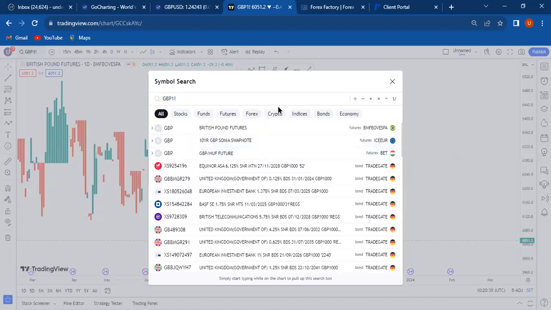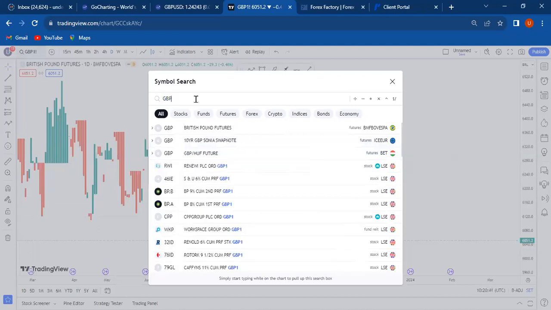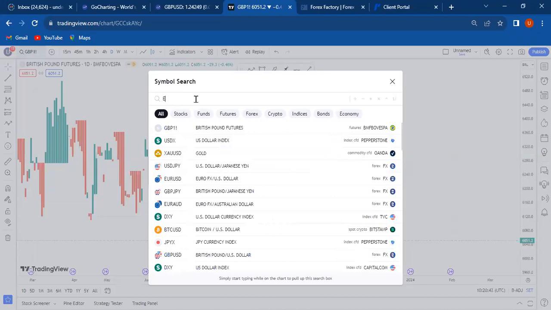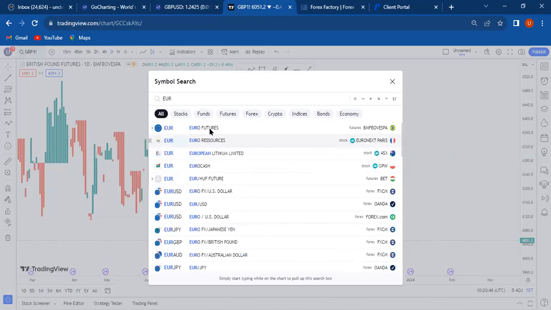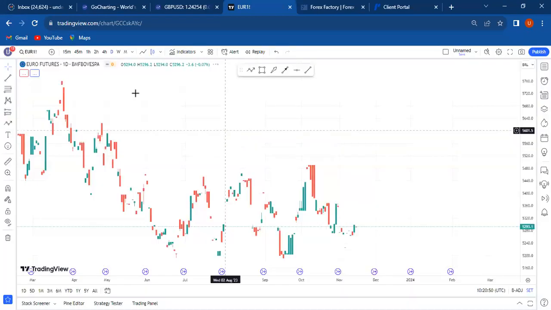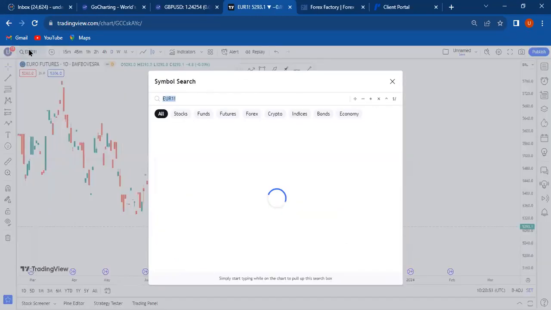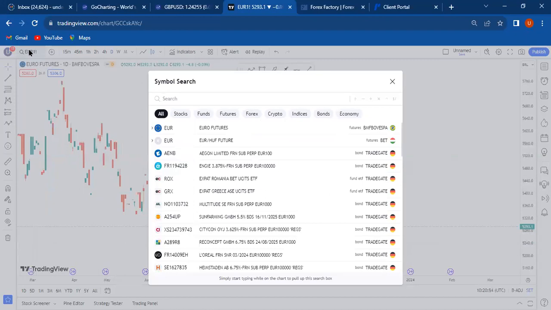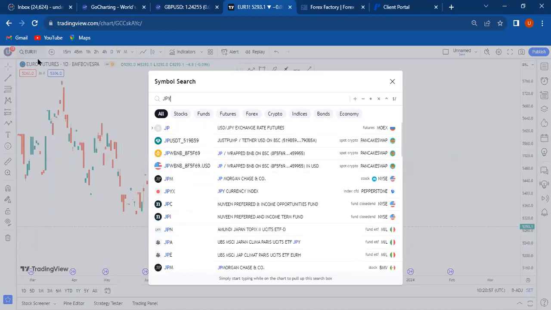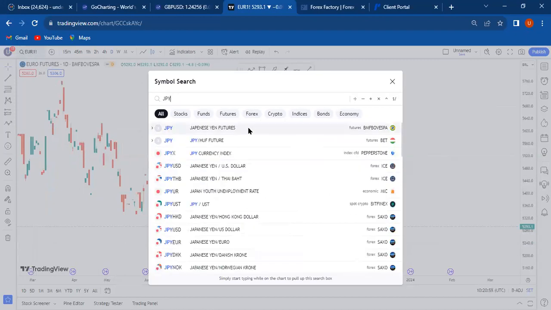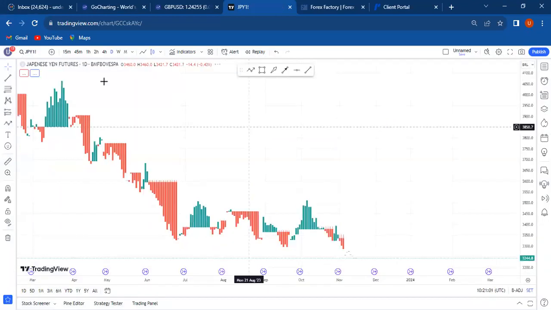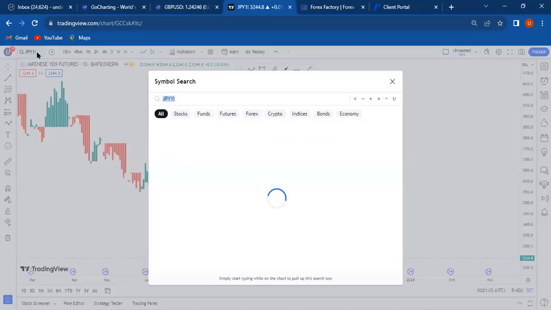Okay, since we don't have GBP, let's see EUR, Euro futures. Oh, no. But I saw them last week. Wanted to show us JPY. I think they've changed. Okay, let me type in.